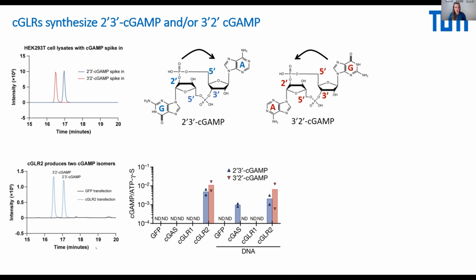But what we saw, very interestingly for CDLR2, is that, when we detect it on the mass spec, it is able to produce simply by overexpression both the 3', 2' cGAM and the 2', 3' cGAM, whereas CDLR1 does not seem to produce any of them, at least in this system.